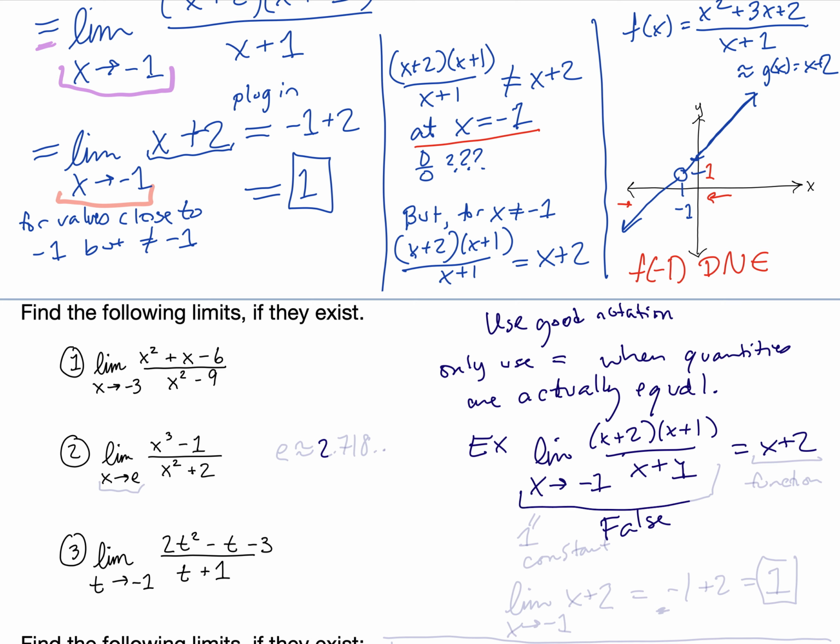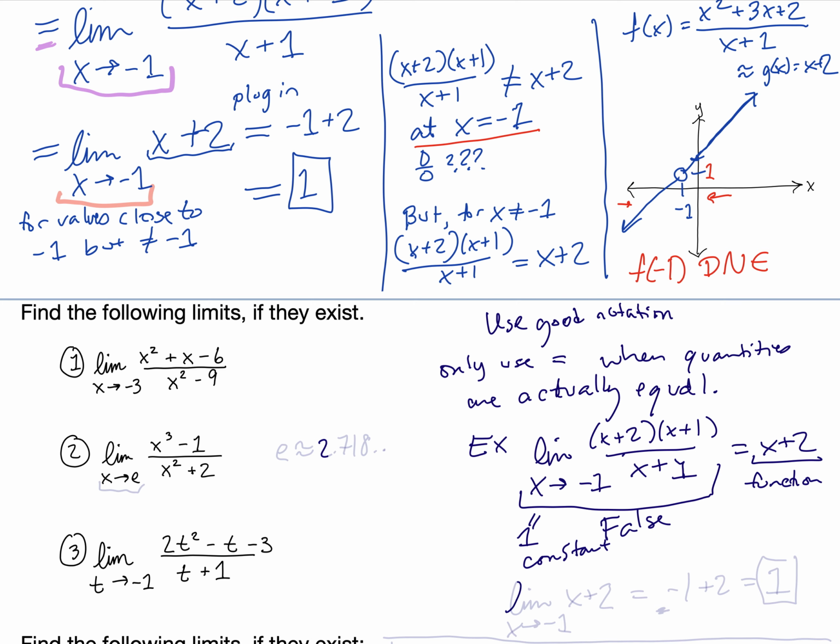The limit over here, as we saw, ended up being equal to 1 in the end. This is a function, this is a constant. Those two things are not equal. So make sure that you're writing limit as x approaches negative 1 every time until you actually take the limit.